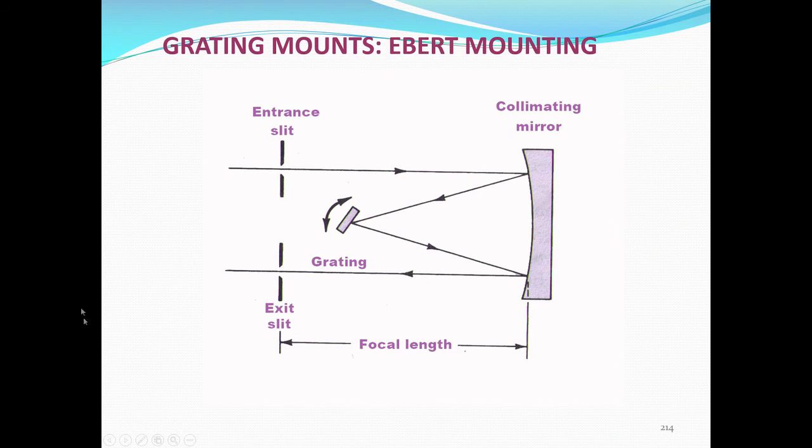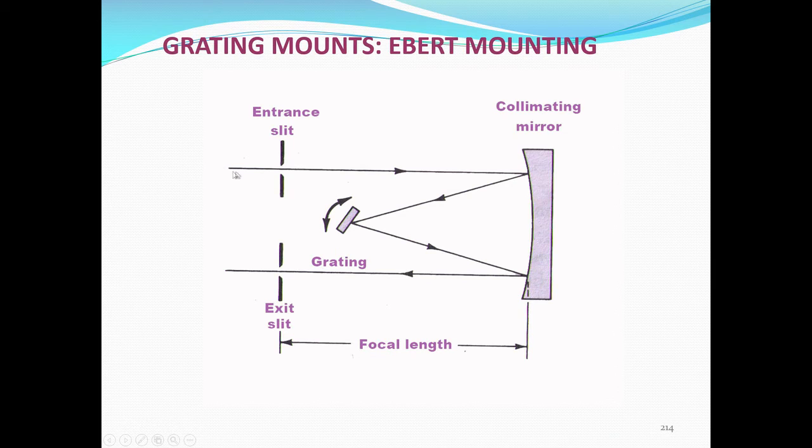Now I want to tell you about some of the mountings. As I told you, mountings are the different arrangements, and here I am showing you Ebert mounting. Here what is happening?